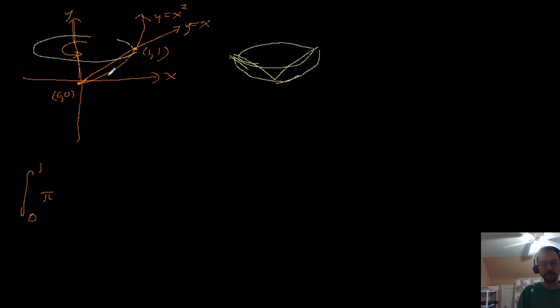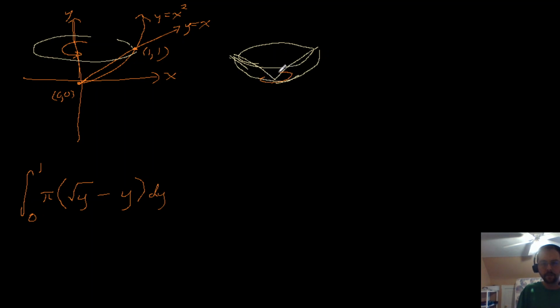R is going to be this one minus this one. When you solve these for x, it's the outermost one, which is this line here, x equals square root of y, minus the inner one, which is represented by the value y, dy.